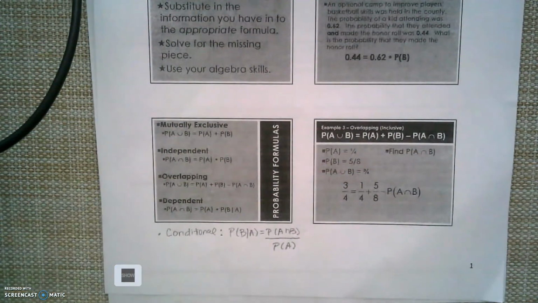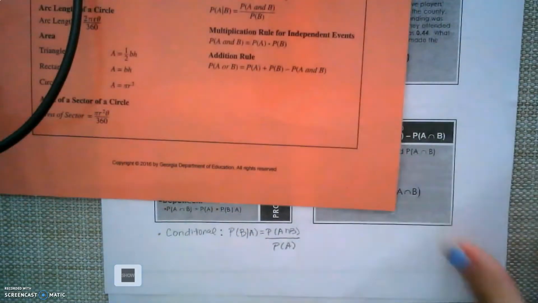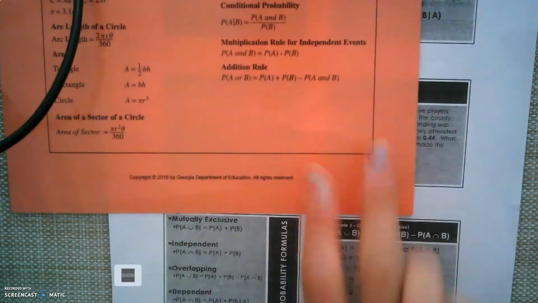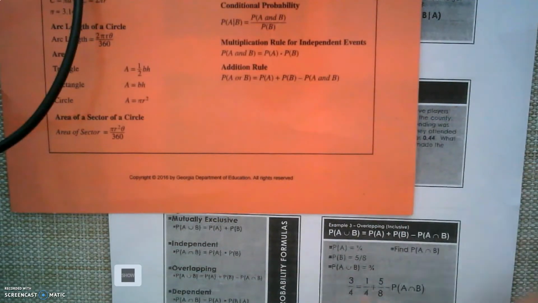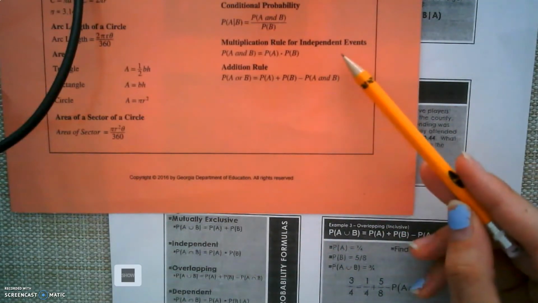Now, how does this relate to the formula that is uploaded on the blog, or that EOC geometry formula? On the geometry formula sheet, we only have 3 formulas that we'll focus on. One of them is the conditional one, and I just rearranged my letters. The other one's the multiplication rule for independence.